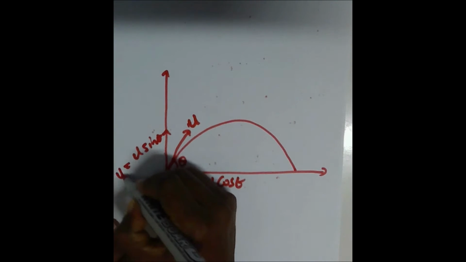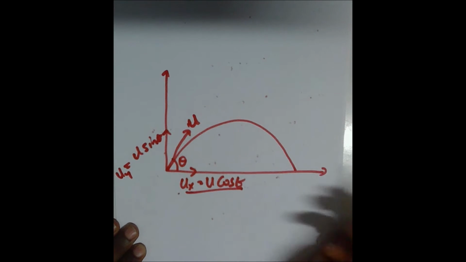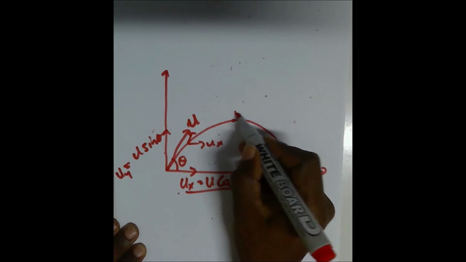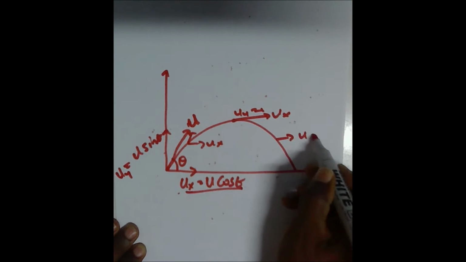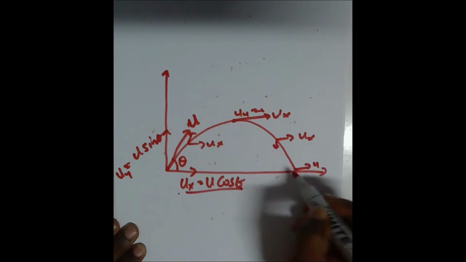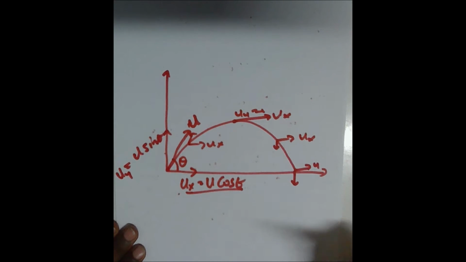So this is uy and this one is ux. Ux is the same throughout the motion, it is constant, but there is a change here. Uy is equal to 0 at the top, but ux is constant, while uy is increasing. So this uy is greater than this one, but the direction is downward.